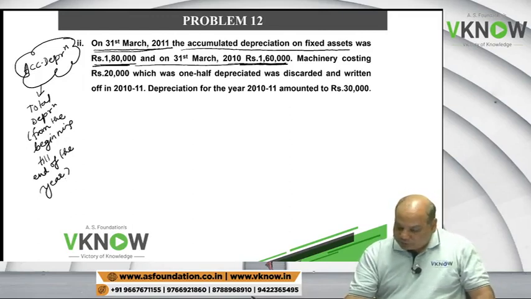Next line, let us see why it is given. Machinery costing rupees 20,000.